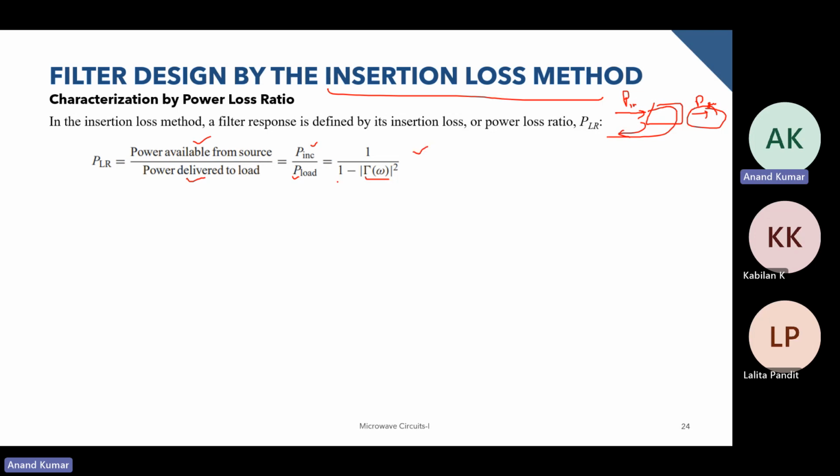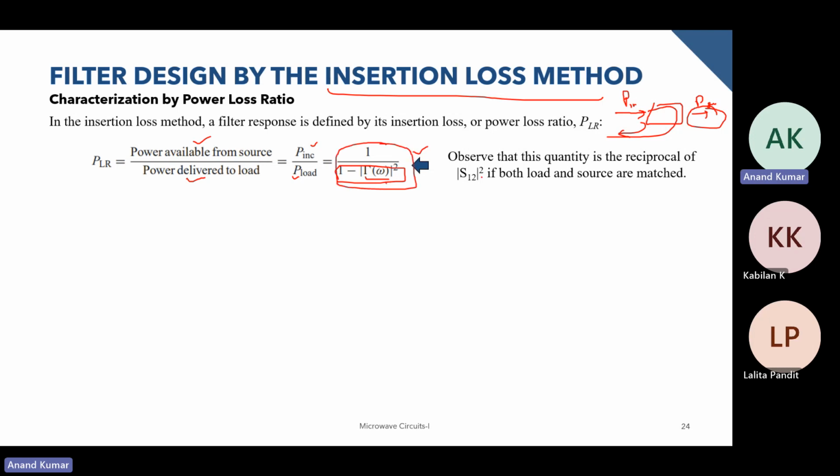And if you look closely, this is basically S21. So this particular denominator is S21, and this entire thing is the reciprocal of S12. Okay, so if both load and source are matched, then this is S21. Yeah, this is S12, sorry.